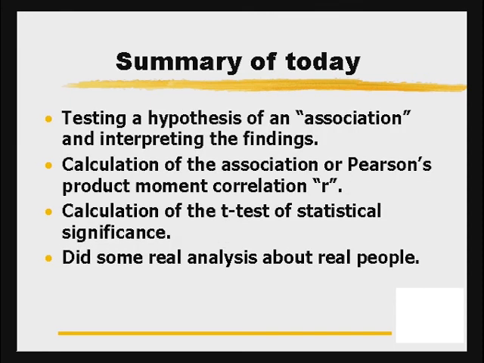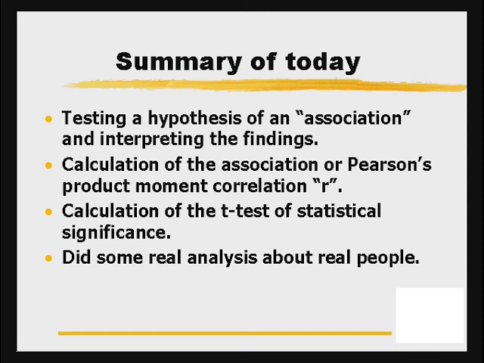The next thing that we did was we tested a hypothesis of an association using the example in the book and using a bogus example that was created, and interpreting those findings in the framework of what the correlation coefficient, or R, is, and then how we test the significance. And here we use the t-test in the same way as we would use it in finding a difference between two means.